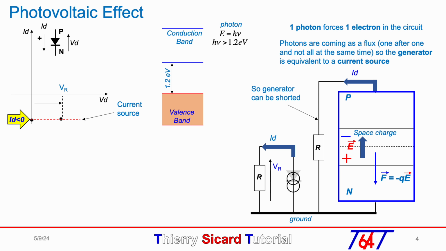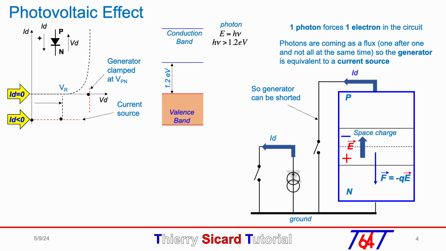If we continue to increase this resistance value up to infinite, equal to an open switch, the current will become zero and the voltage across the diode will be clamped at the diode voltage, close to 0.6 volt at room temperature. The dotted line represents the current in a diode biased in direct. When the diode is illuminated, the dotted line is shifted down, providing a voltage and a negative current. This is the photovoltaic effect discovered by Russell Ohl.